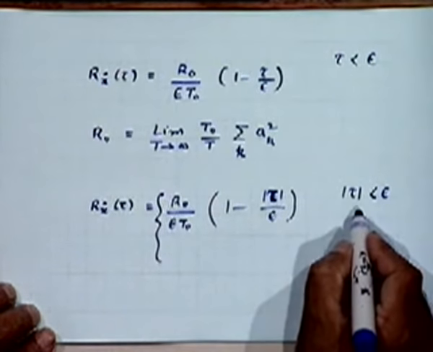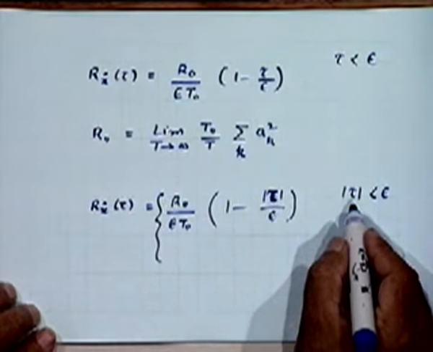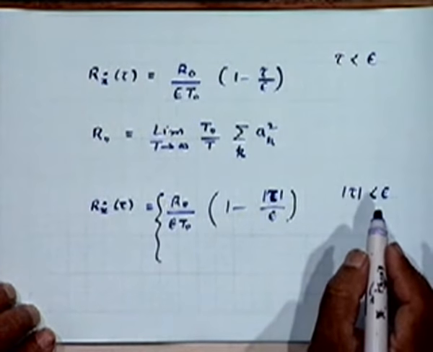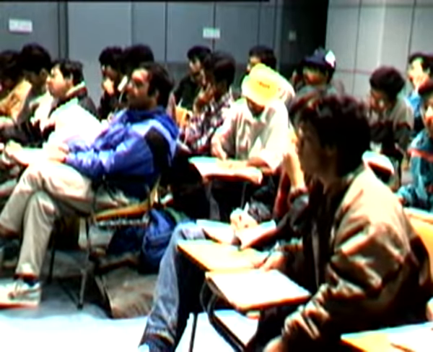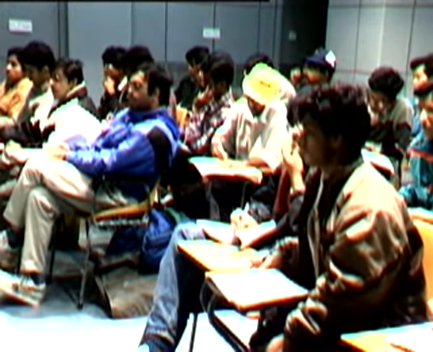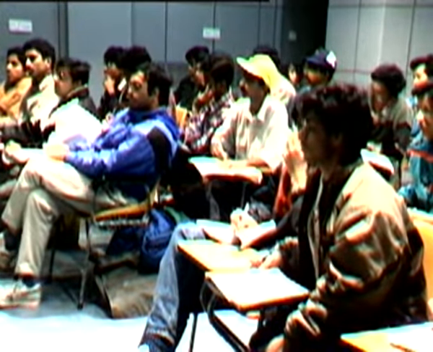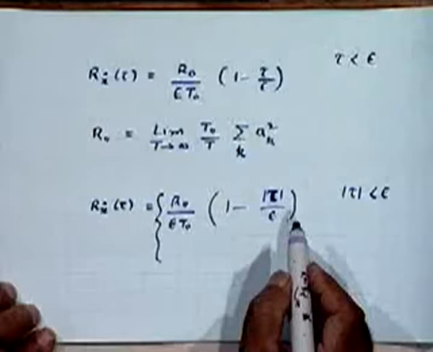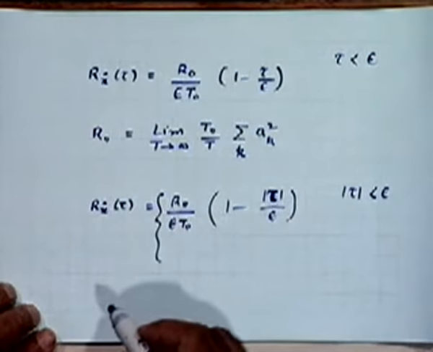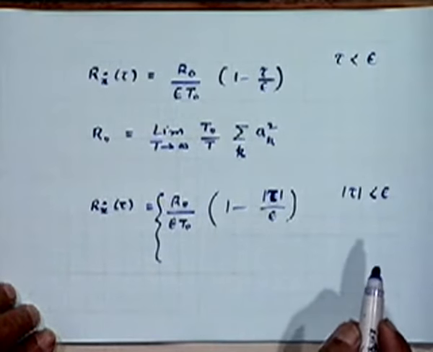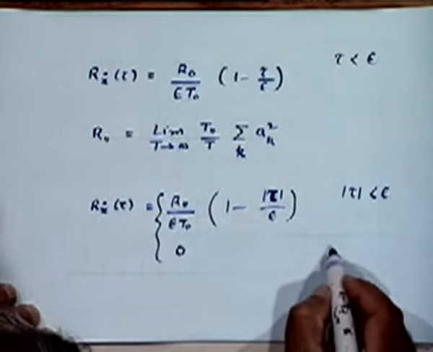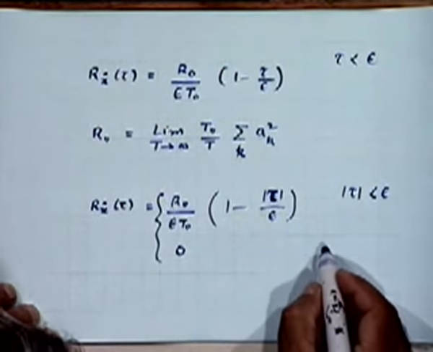What will happen now as tau is increased? It becomes 0. But before that, at what point will it become 0? At tau equal to epsilon. So you have a triangular shape up to tau equal to epsilon, and 0 beyond, not entirely beyond, but for some time.